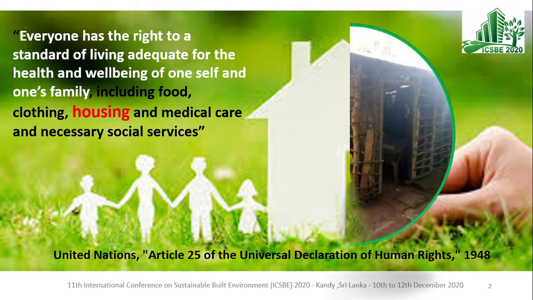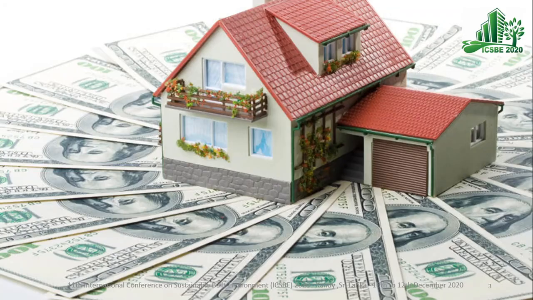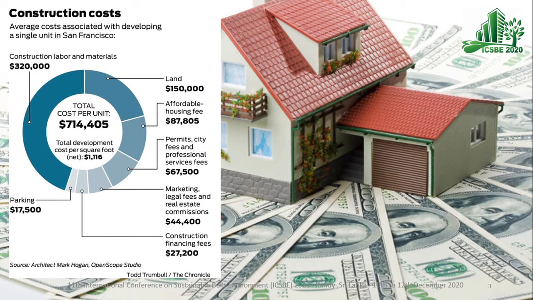When we look at our rural sector, this is the more common picture we can see, due to lack of affordability of living in a good house. When we look at the cost of construction of a house, construction labor and material have the larger share. In the rural sector, labor is not a big issue, but material is a major issue.